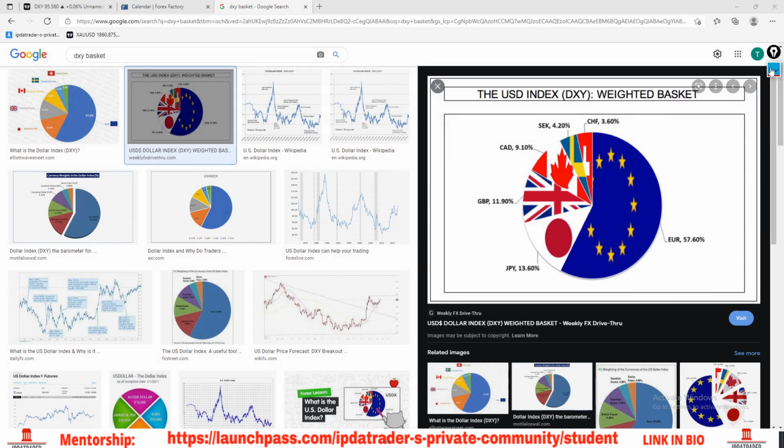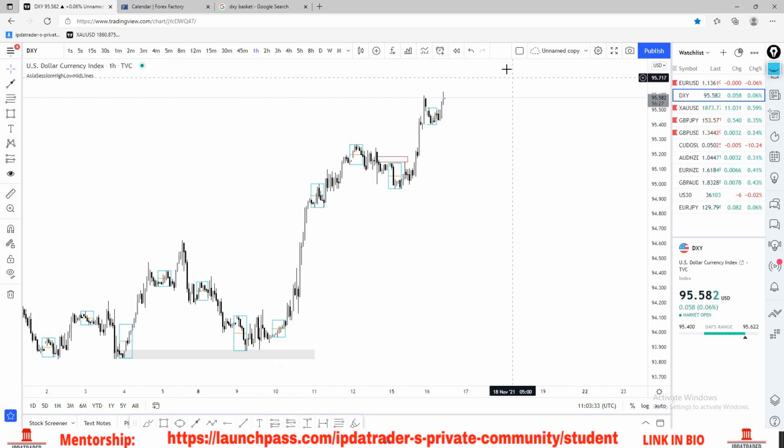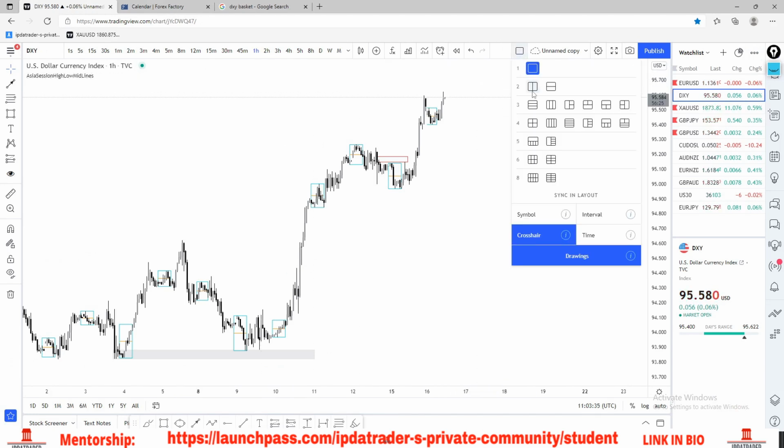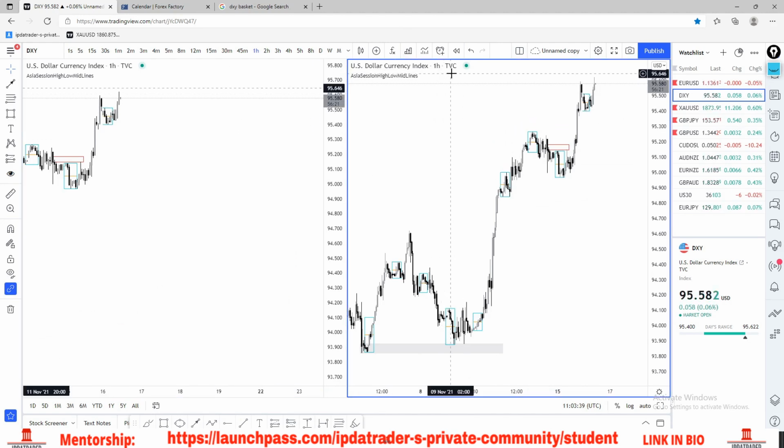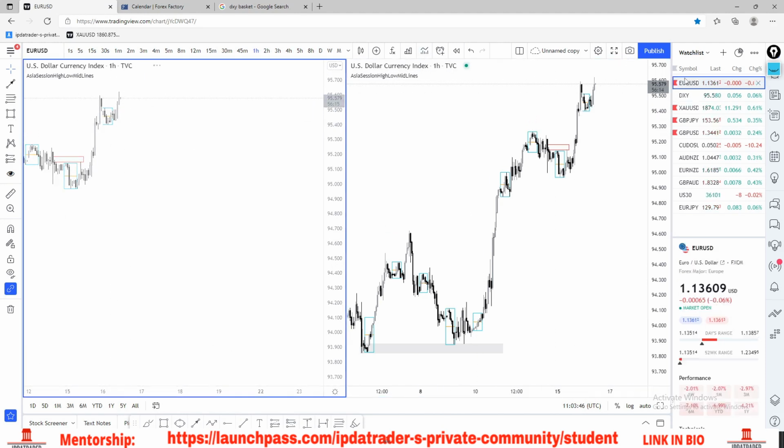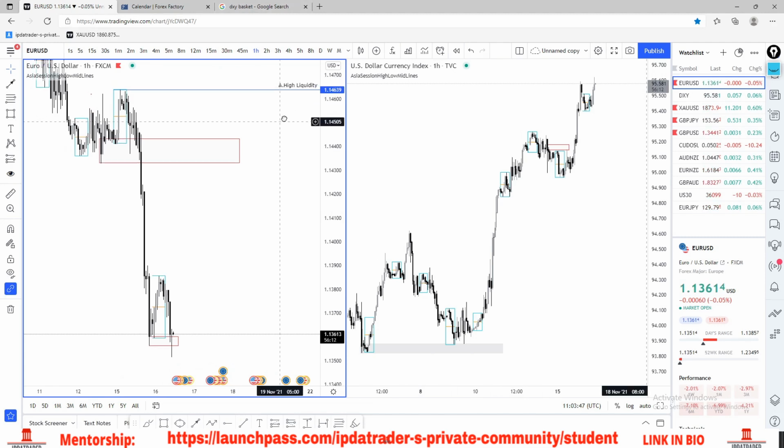So with all that information, guys, we can now quickly go back to the charts. And if I actually split my screen in two so that I can fit two different markets, right? You should understand that we have the DXY to the right on the 1 hour time frame. Let me actually add the Euro USD on the 1 hour time frame.